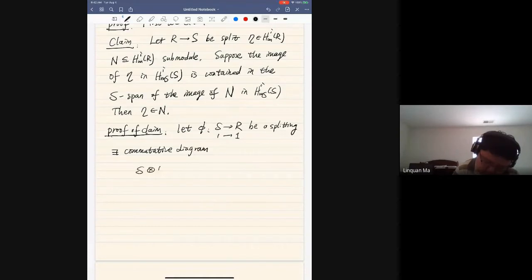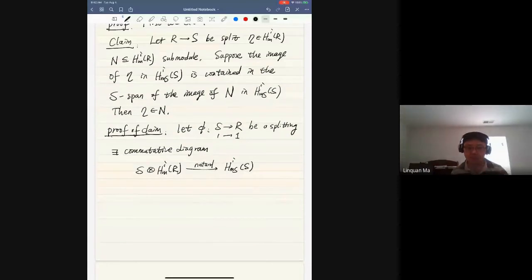So S tensor H^d_m(R). There's a natural map to H^d_m(S), because this is just the base change. And here I have a splitting from S to R, which is an R linear map.